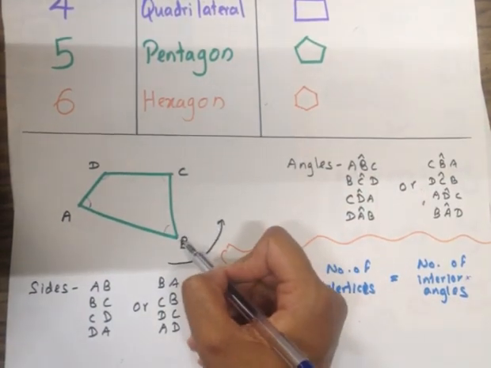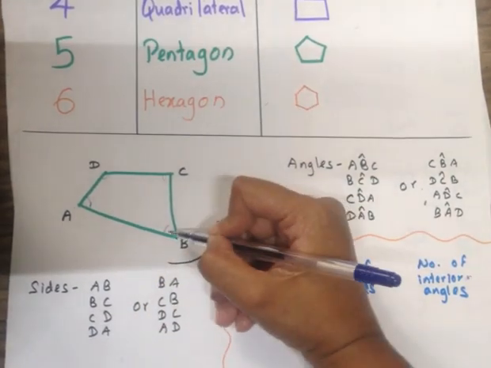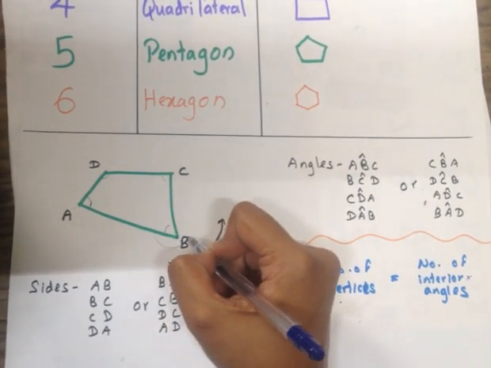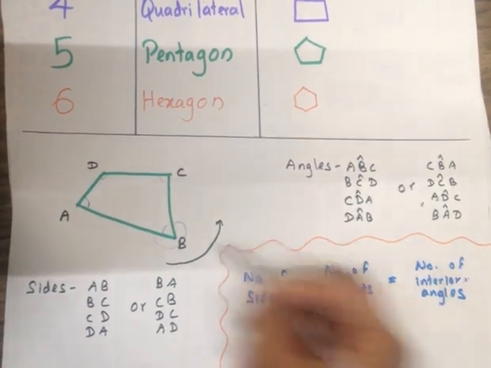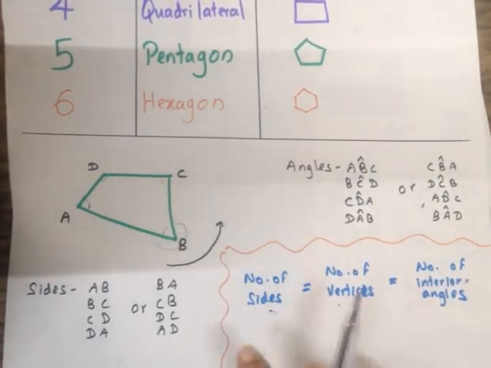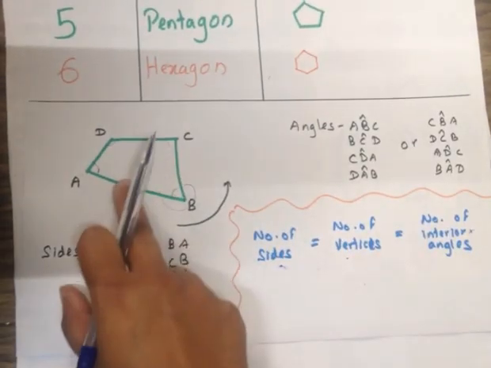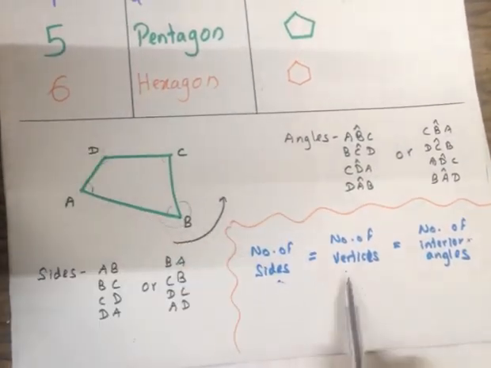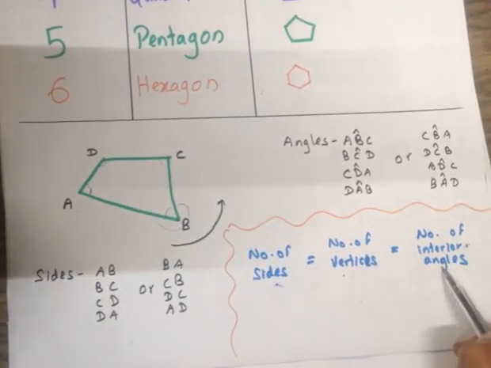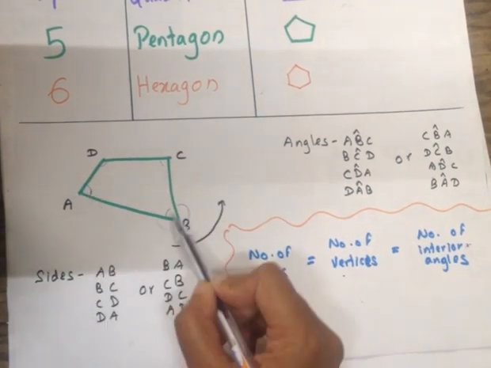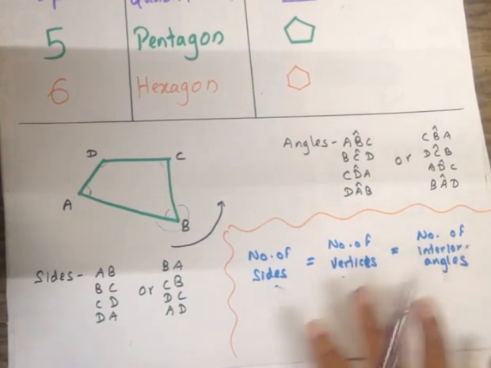Just to explain, when we consider vertex B, B has two angles. This is the interior angle and this can be the exterior angle. So that's why I used number of interior angles. So for this ABCD quadrilateral, number of sides 1, 2, 3, 4. Number of vertices A, B, C, D, 4. Number of interior angles 1, 2, 3, 4. So this statement is true.